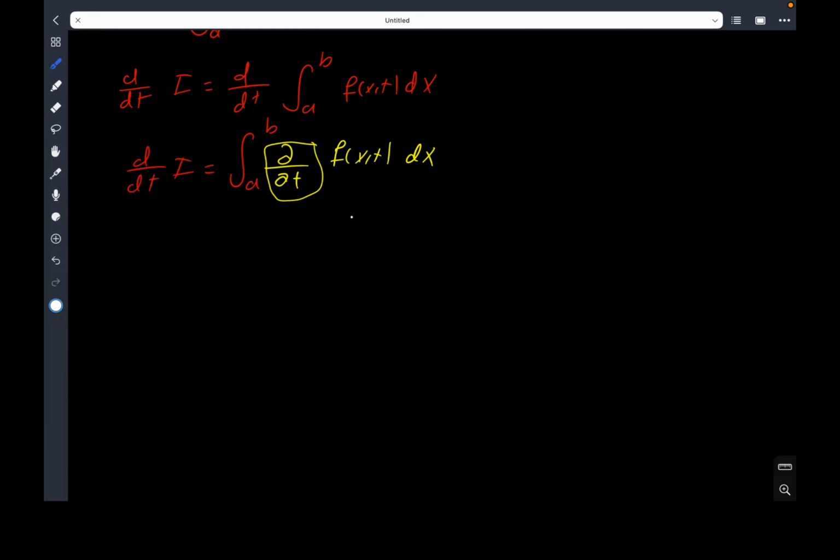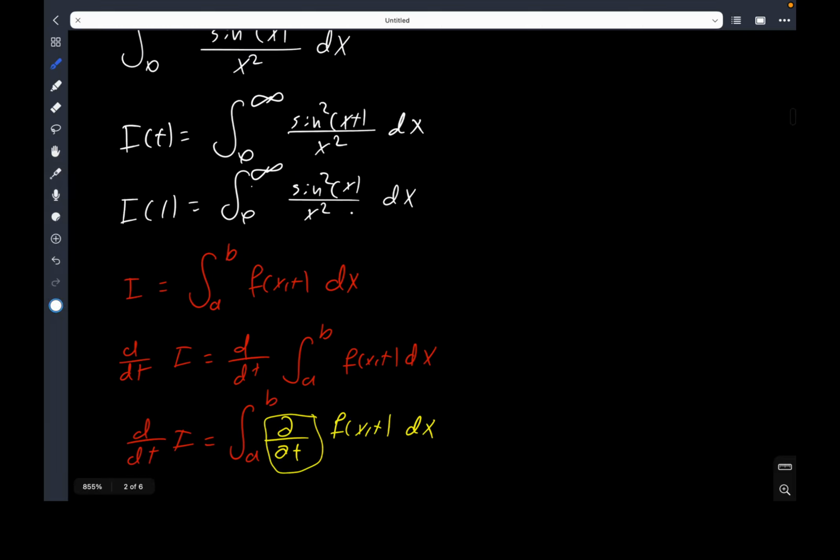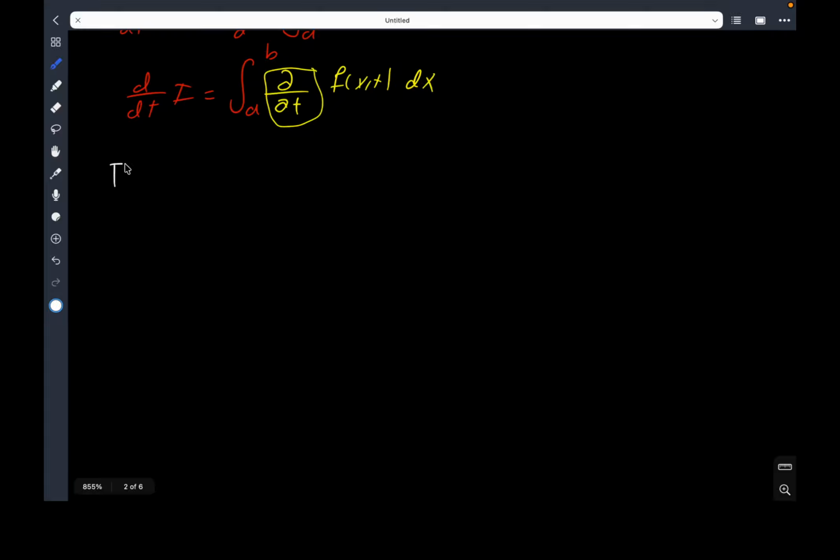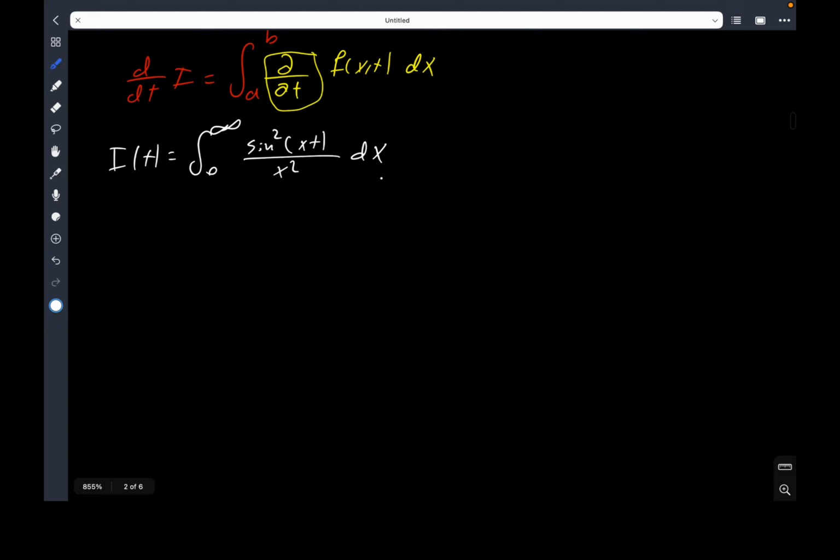Now, let's recall the integral that we had here, from 0 to infinity of sine squared of xt over x squared dx. I'm going to take the derivative of both sides with respect to t.